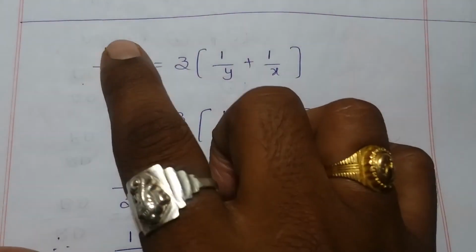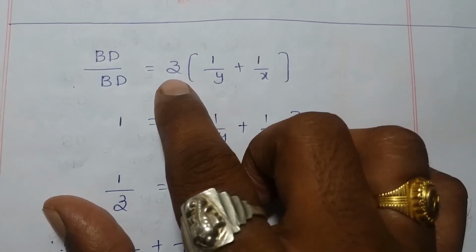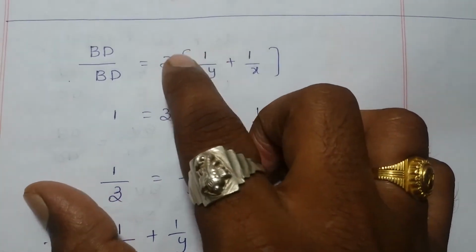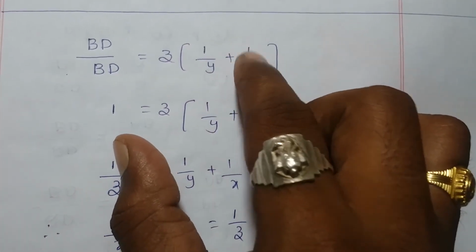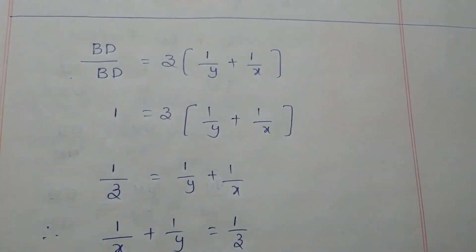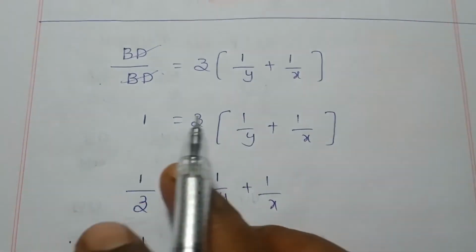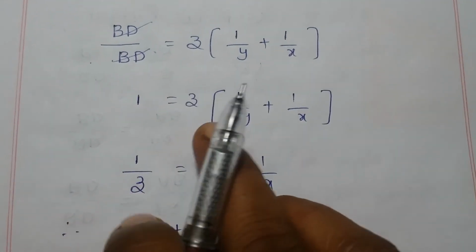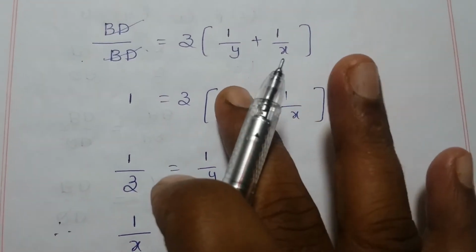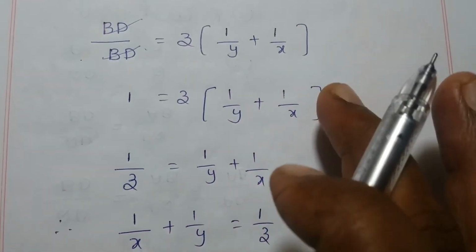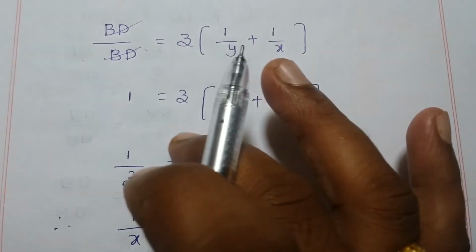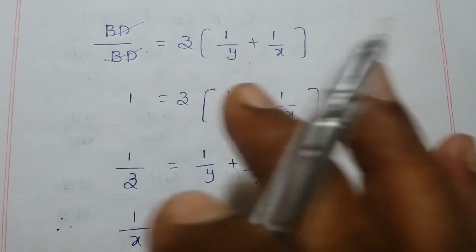So that is BD by BD equal to Z, I took common, remaining is 1 by Y plus 1 by X. So BD and BD are going to cancel. After cancellation remaining is 1 here. So 1 is equal to Z into 1 by Y plus 1 by X. Here Z is in multiplication, it will go to division.